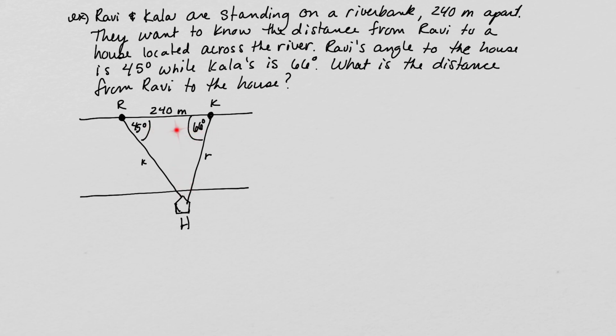Since I know these two angles in the triangle, it's easy enough to figure out what angle H is. So that's the first thing I'm going to do. Angle R plus angle K plus angle H are all in a triangle, so they're going to be 180 degrees. So 45 degrees plus 66 degrees plus H is going to be 180 degrees, so H ends up being equal to 69 degrees.